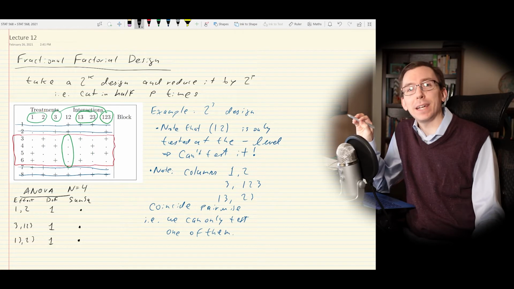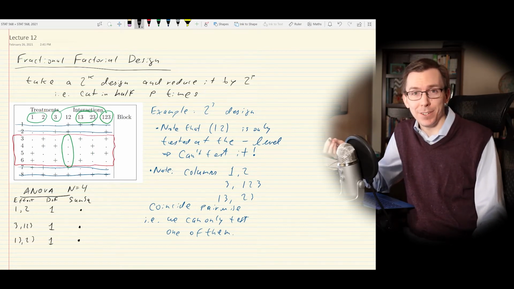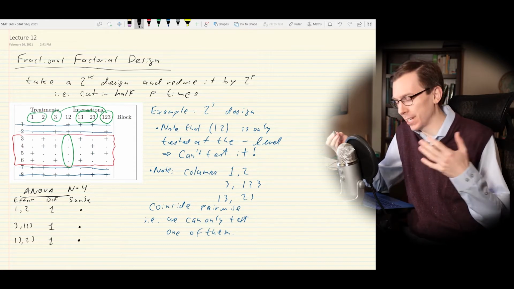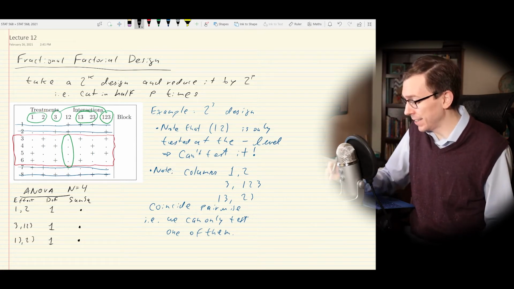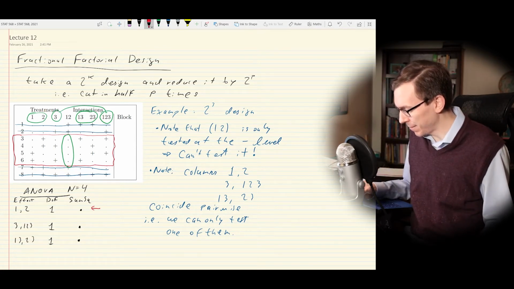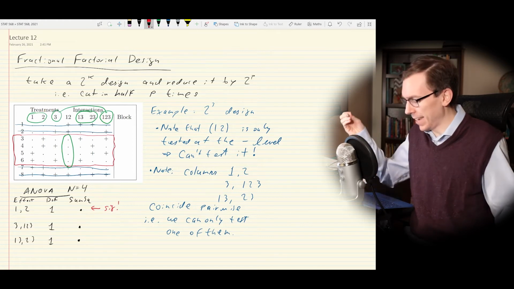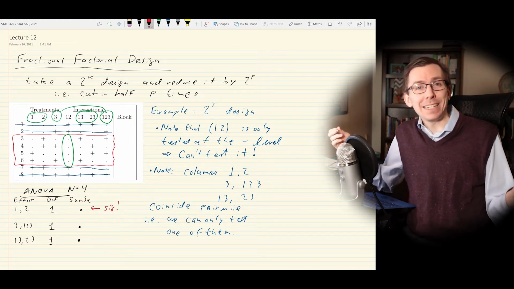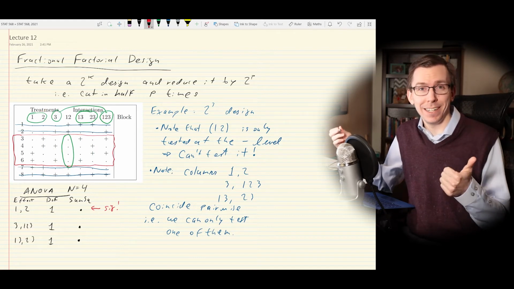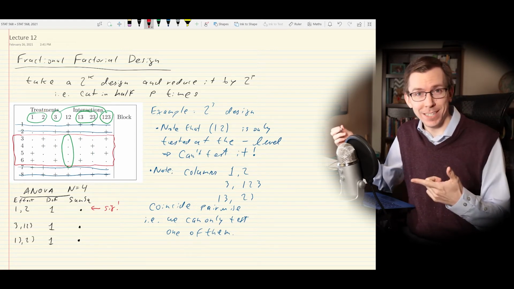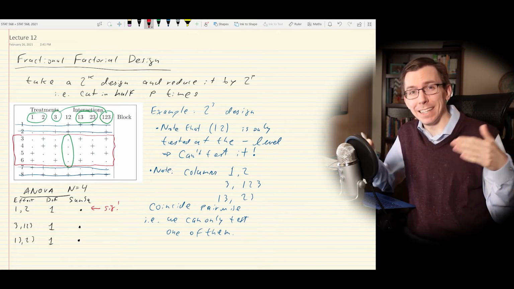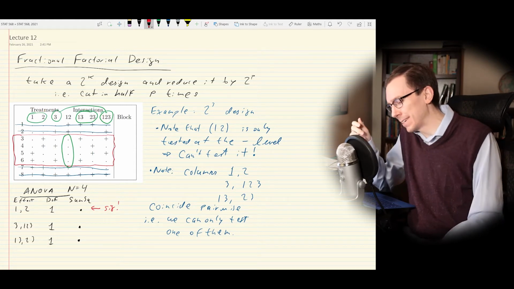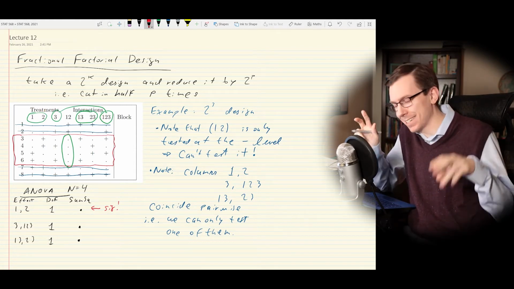But the point is that even if we had the ability to do an F-test for significance, or if we were to use Lenth's method from the previous lecture to test for significance without replicating, if we got significance in the first row, what does that mean? It means that either factor 1 is significant, or factor 2 is significant, or they're both significant, or they're both a little bit significant, and they're augmented by being, in this case, aliased together.